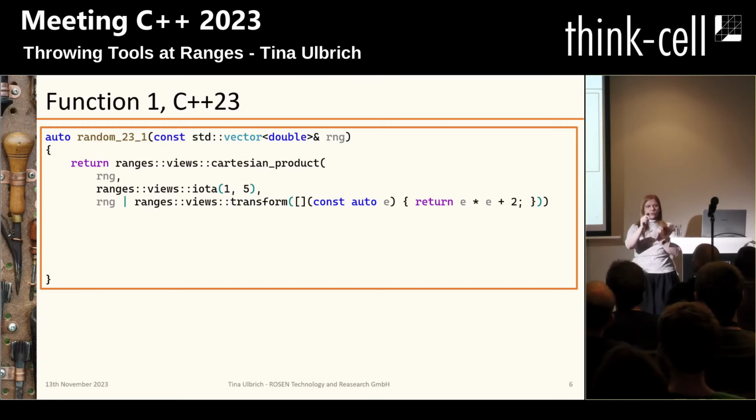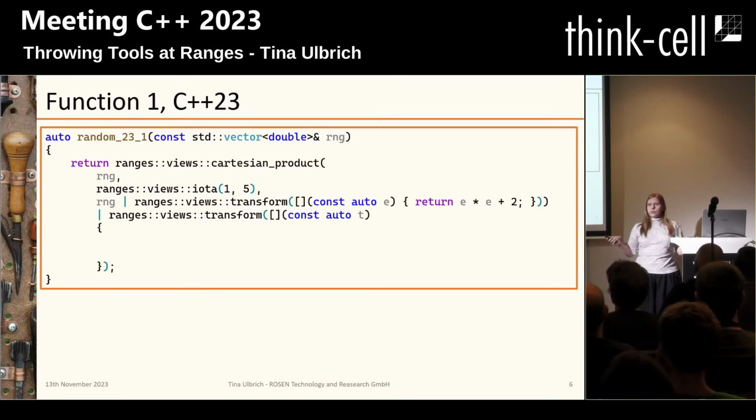So you get references to all of these elements, and you get a tuple with these references that you can then address and do something with the values. So at the end of these parentheses here, we're not doing anything. We created a view, but it's called Cartesian product. You might think there's some computation there, some multiplication, because you get a product. No, it's just a combination of all of the ranges. And then you need to do something with it.